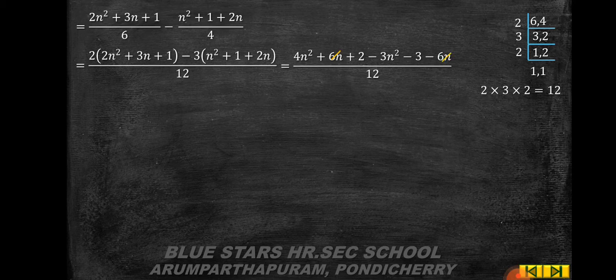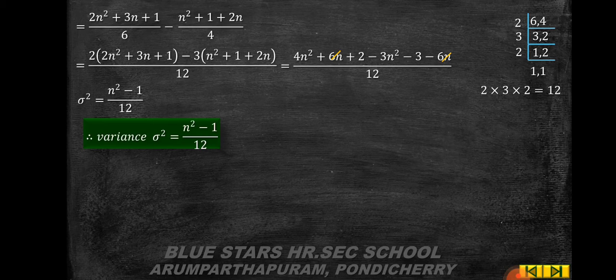So plus 6n minus 6n gets cancelled. So sigma square is equal to 4n square minus 3n square is n square, plus 2 minus 3 is minus 1, by 12. So here the variance sigma square is equal to n square minus 1 by 12. Therefore variance sigma square is equal to n square minus 1 by 12.